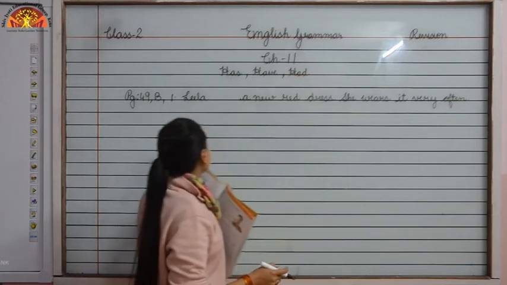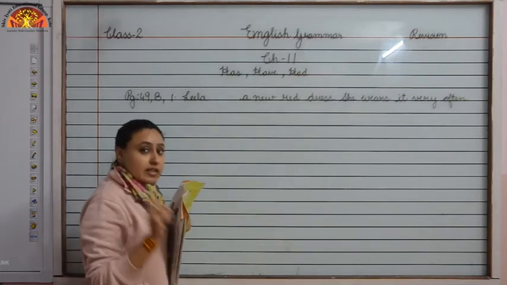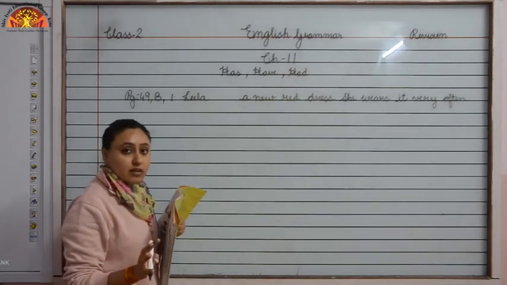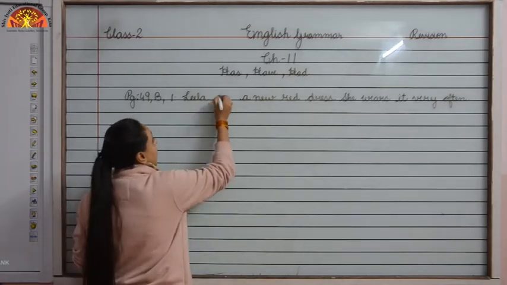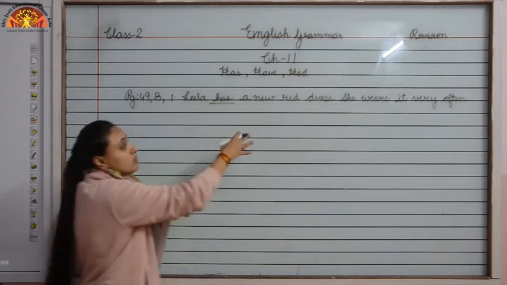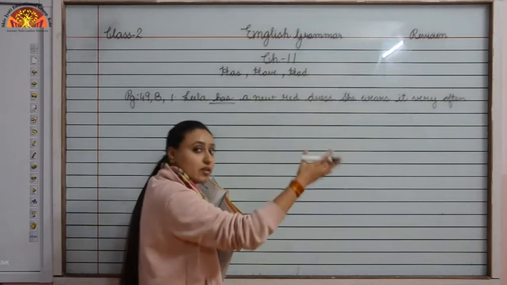So children, here we are talking about one girl, Leela. So we have learnt whenever we have to use singular noun, we use has with singular noun. Okay, Leela has a new dress. She wears it very often.